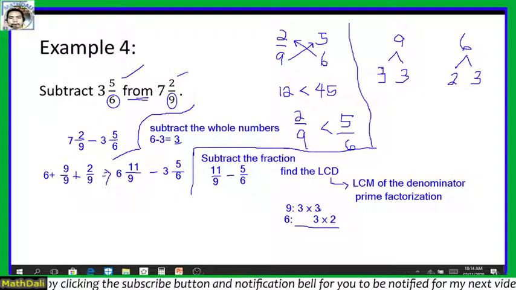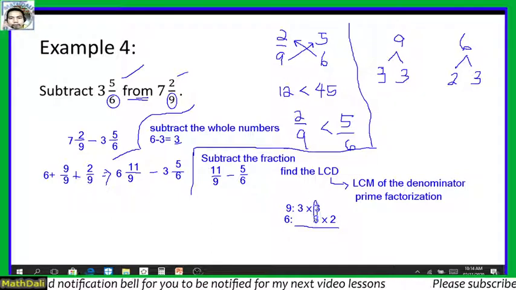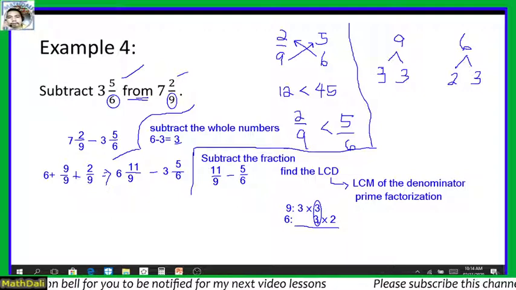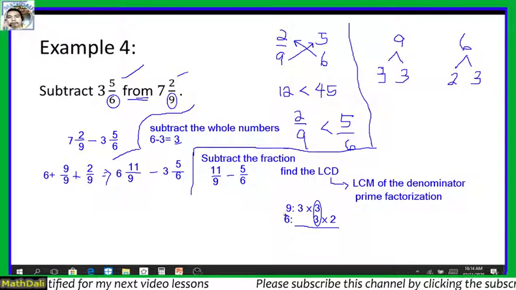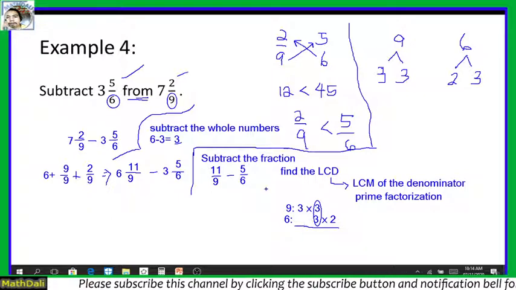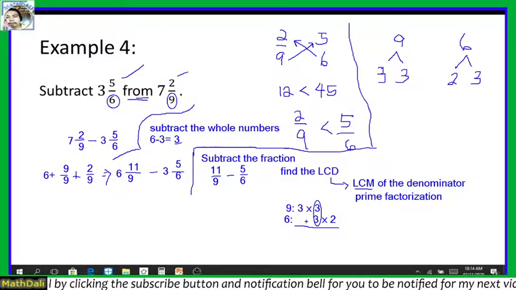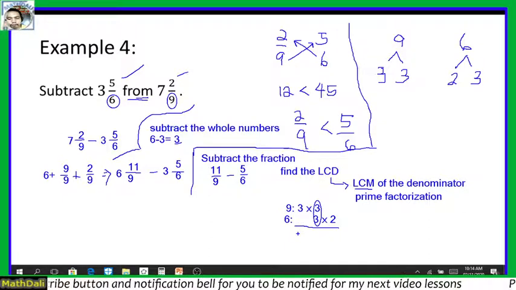Okay, so again, kapag prime factorization tayo, ito yung ating tinatawag na GCF. Itong 3 na to, ito yung ating GCF. Ginagamit yan pagka nagsisimplify tayo ng fraction. But since we are not in simplifying fraction, dito tayo sa paghanap ng LCD, so kukunin natin yung least common multiple. So, i-bring down natin yung mga factors dito. So, lahat.